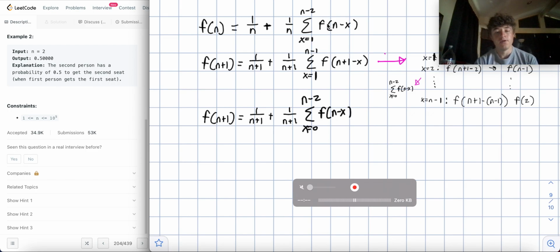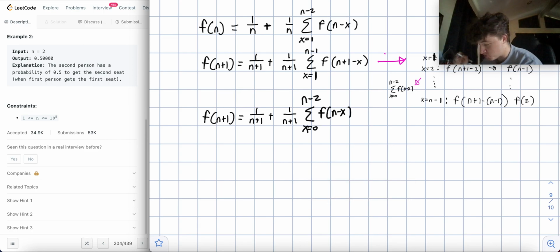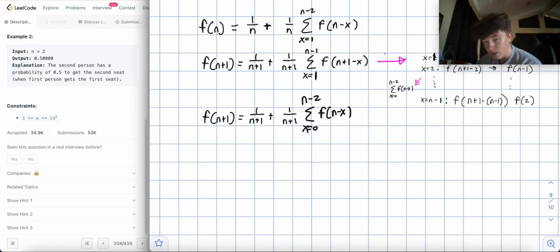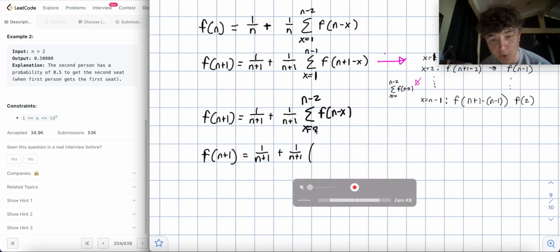Right, but what I want to do is I want to replace this summation. And I learned this in differential equations, which is why this problem is pretty difficult for someone who's not super mathematically aligned. But what I can say is, well, then that means f of n plus 1 equals 1 over n plus 1 plus 1 over n plus 1. I'm going to pull one term out, so let's pull the 0th term out.